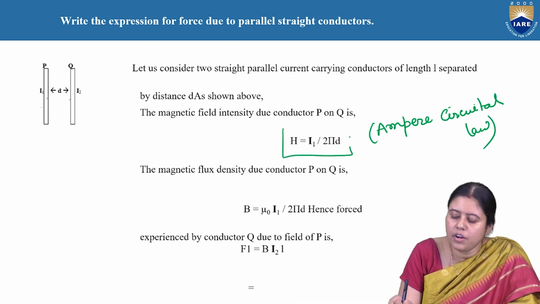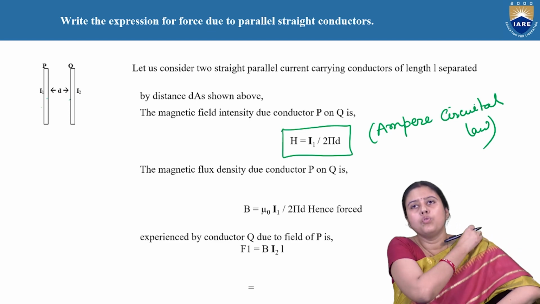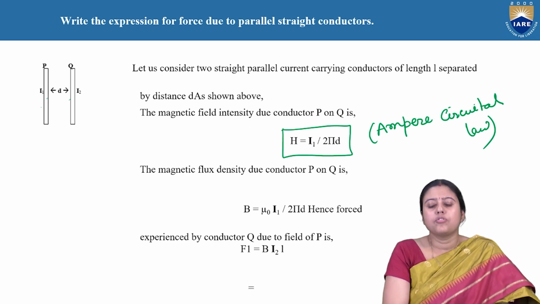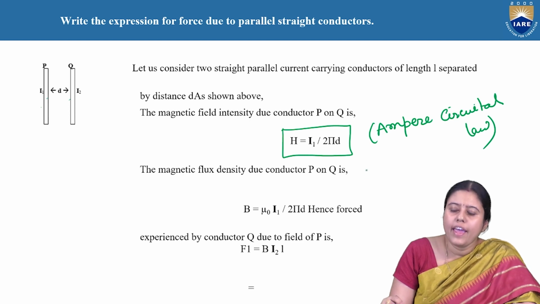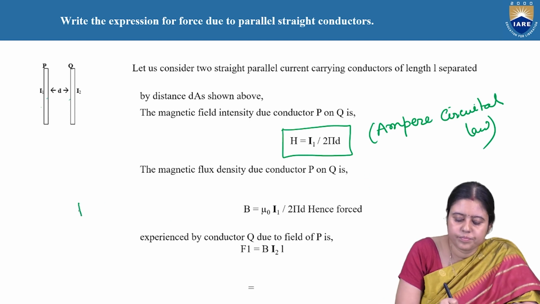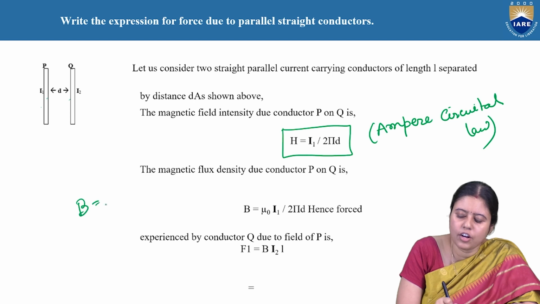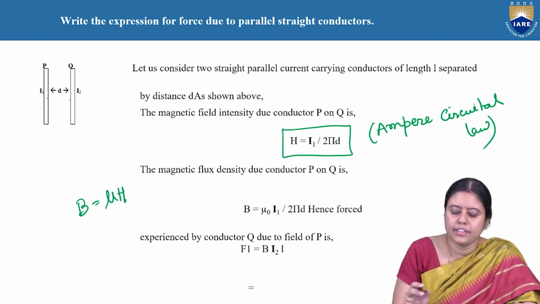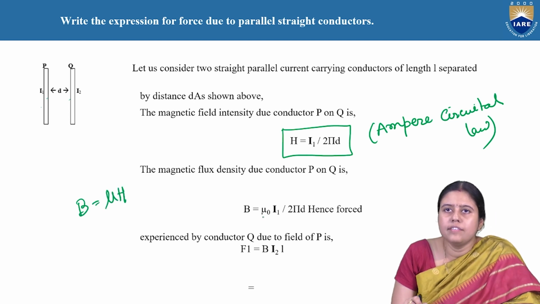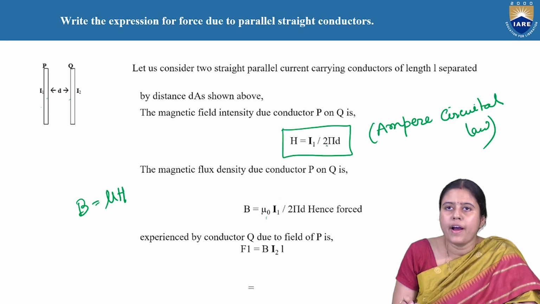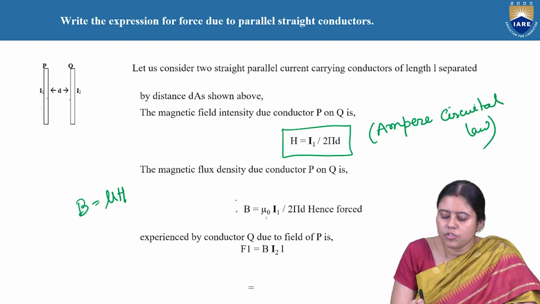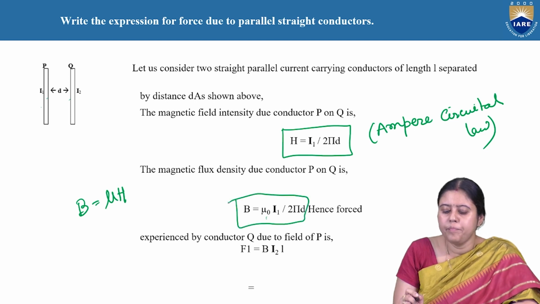Again we know the relation between H and B: B is equal to mu into H. So we can write B is equal to mu naught I1 by 2 pi d. This is the equation of B.